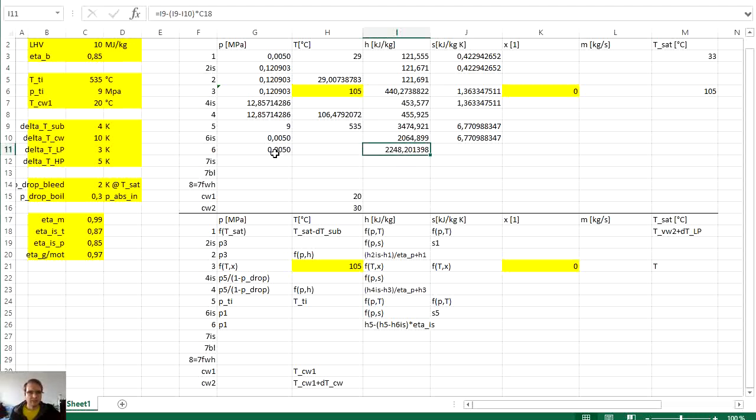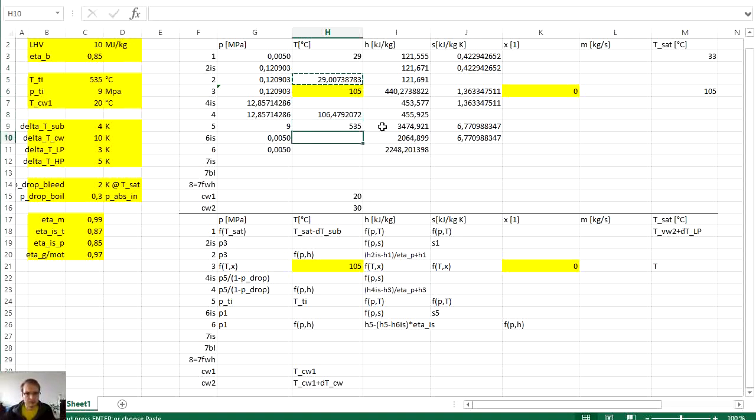Now we have pressure, we have enthalpy, we can get other thermodynamic parameters. So same as here, from pressure and enthalpy, or also here, temperature will be a function of pressure and enthalpy, and same we will need to get the quality.